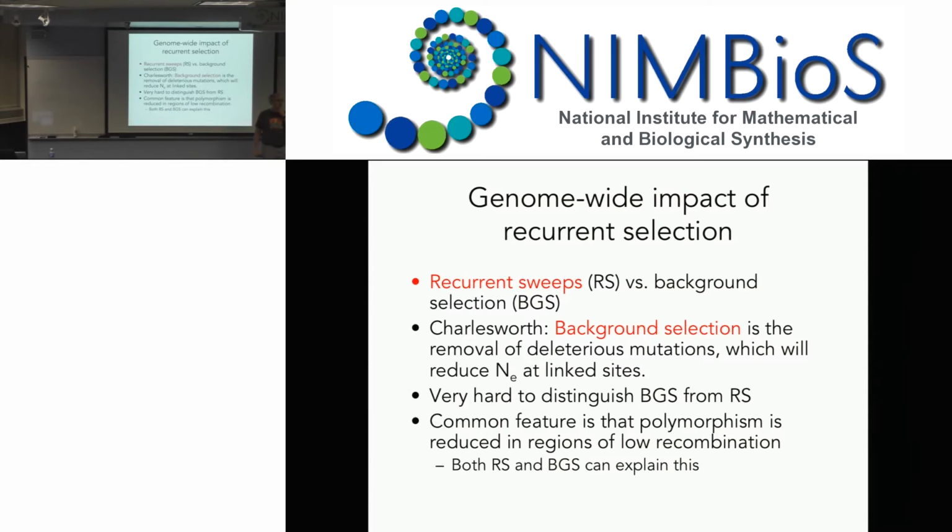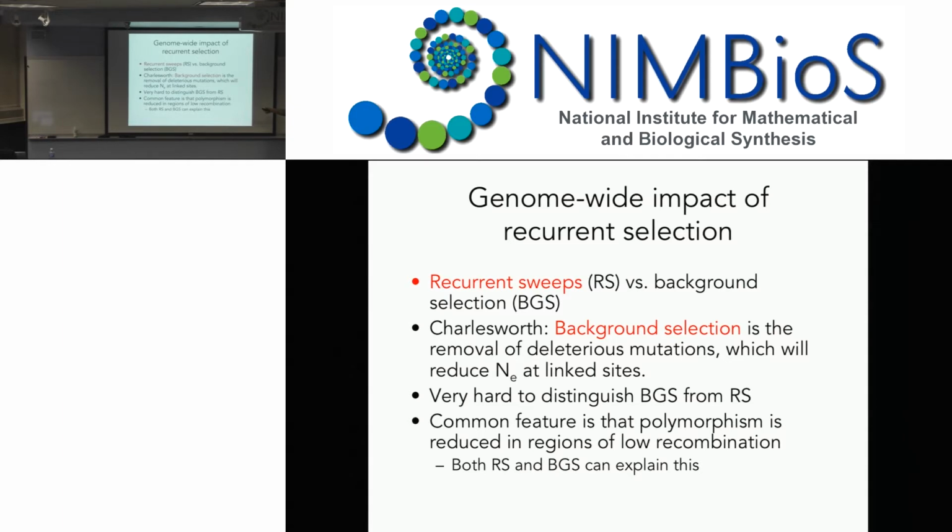What are the consequences of selection for structuring the genome? Well, it's basically two models. Recurrent sweeps means across the genome you have episodes of favorable mutations arising and being fixed. So it's a history of adaptation. Or you've got background selection, an idea due to Brian and Deborah Charlesworth.